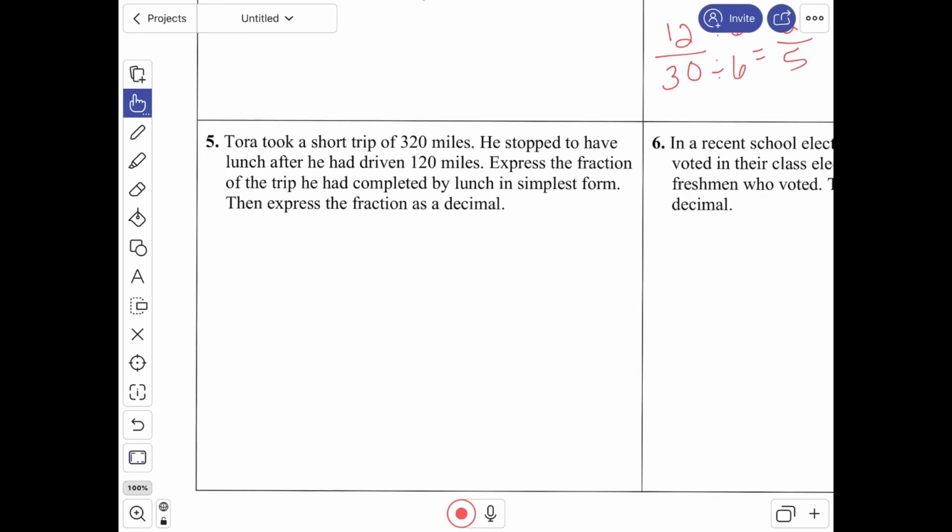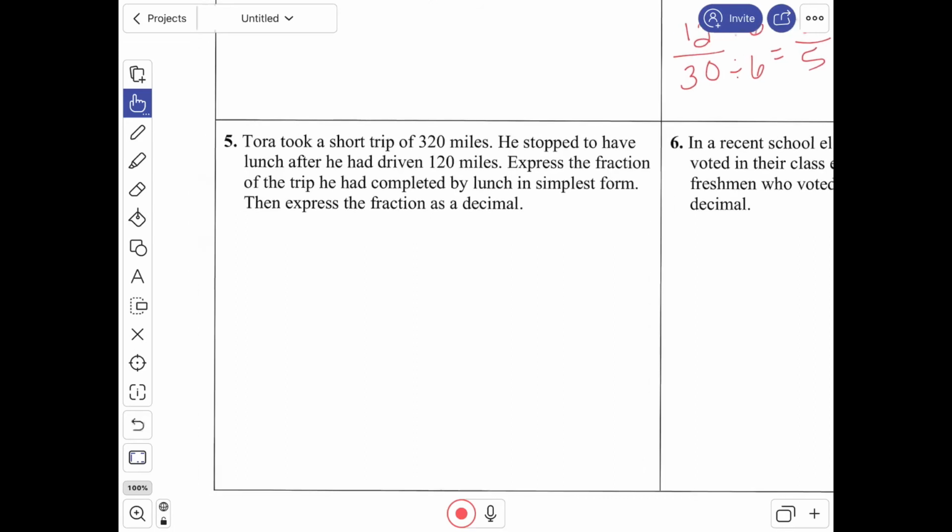Number 5. Tora took a short trip of 320 miles. He stopped to have lunch after he had driven 120 miles. Express the fraction of the trip he had completed by lunch in simplest form. Then express the fraction as a decimal.